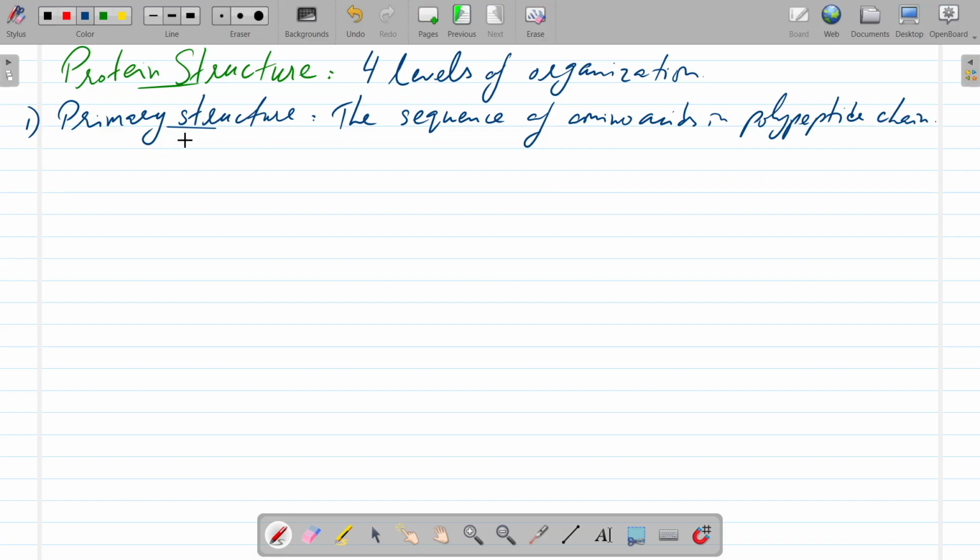Now we know that that sequence is determined by the sequence of bases in the DNA, in the gene.